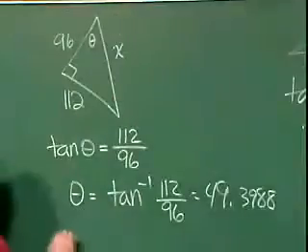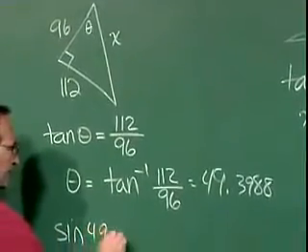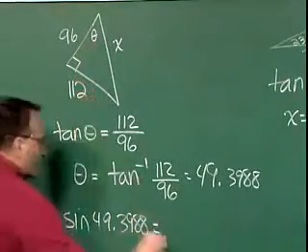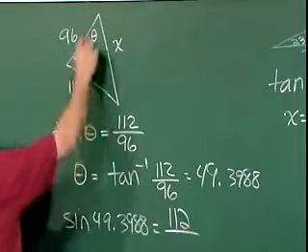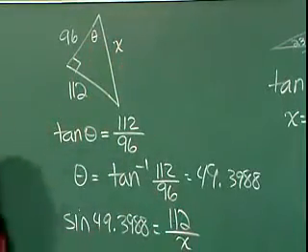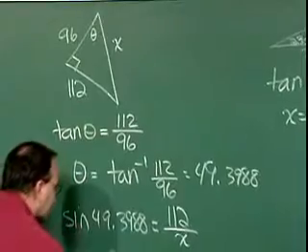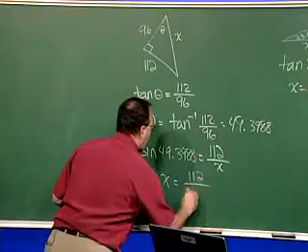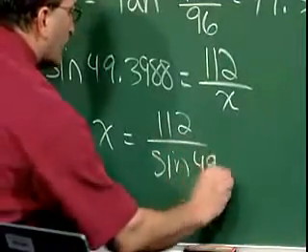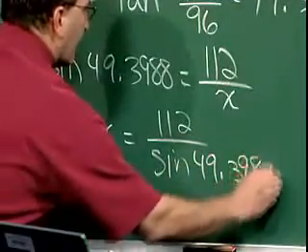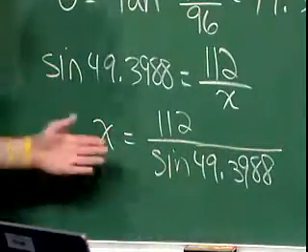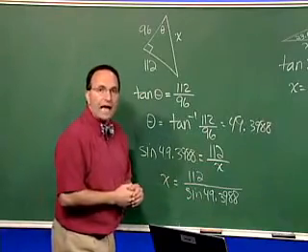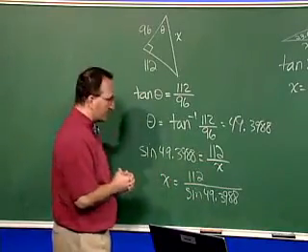So therefore, the sine of that angle is equal to the side opposite, 112, over the hypotenuse, which I've labeled as x, which means x is equal to 112 divided by the sine of 49.3988. All right, let's move to the calculator, and we can solve for x, the distance between the two ships.